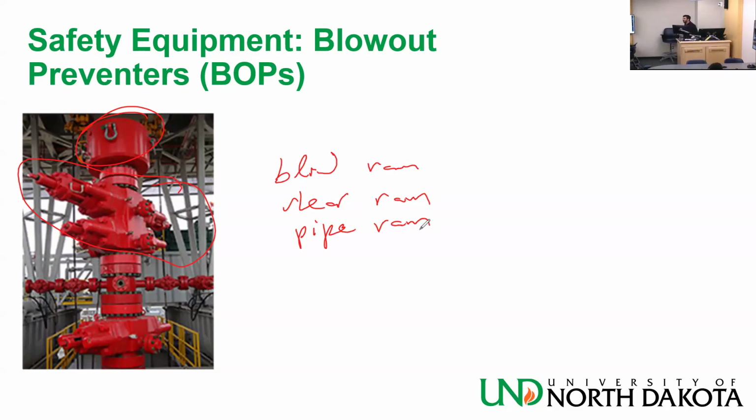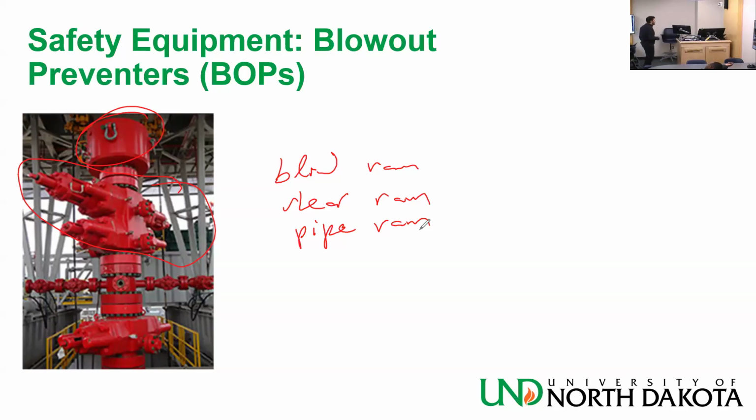Pipe ram is just a piece of metal that closes around the outside of a pipe. But it needs to be a certain size. You need to know what kind of pipe you have there to close properly. If you have a joint, you are in trouble because the joint is thicker than the pipe.